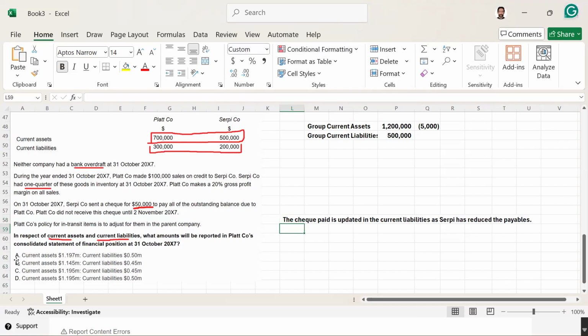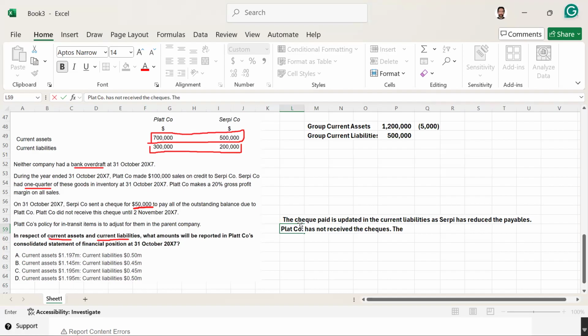I hope this part is clear. They mention it. Serpico has sent the check, and they have paid all the outstanding balance, but the problem is with the owner, Platco. So I'm not making any adjustment to the current liabilities. Platco has not received the check.